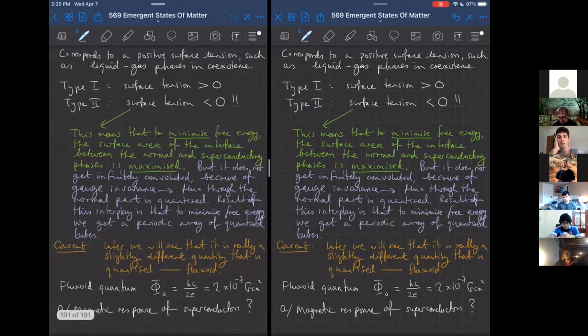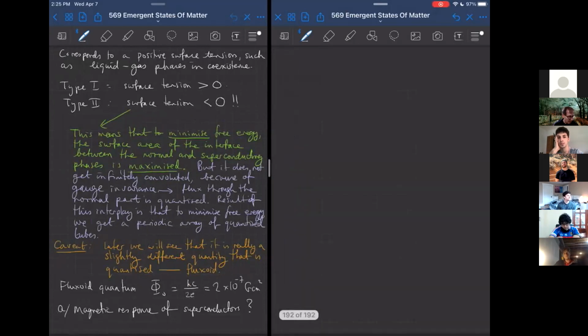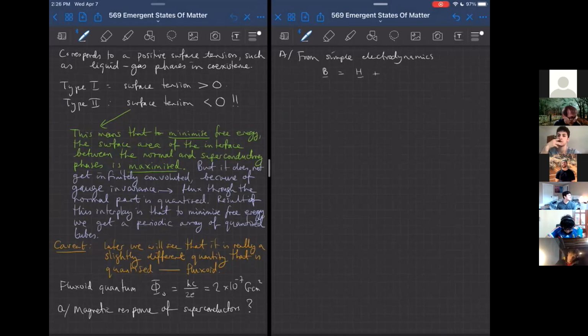Okay, yeah, good question. So let's talk about the magnetic response of a superconductor. Let me just remind you of some elementary electrodynamics. From simple electrodynamics, what you know is that the external field and the magnetic field that you measure, B, are related by the magnetization, and I'm going to use units where this equation is written down in this way.